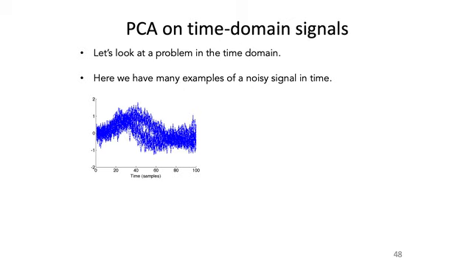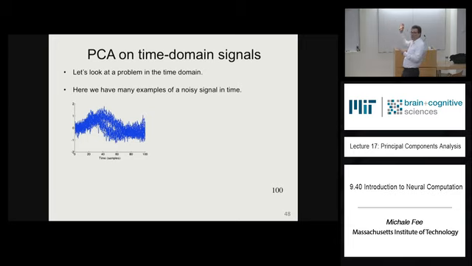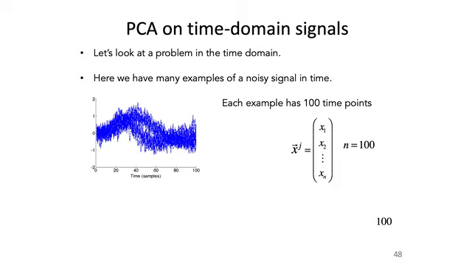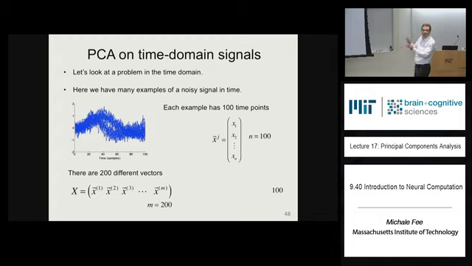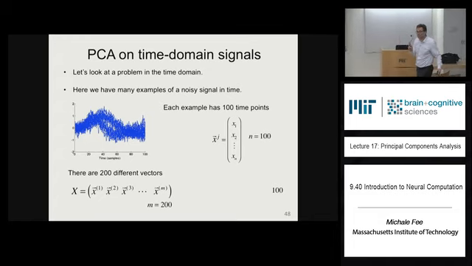What we do is we take each one of those time series and we stack them up in a bunch of columns. So our vector is now a set of 100 time samples, a vector of 100 different time points. Does that make sense? And we have 200 observations of those 100-dimensional vectors.